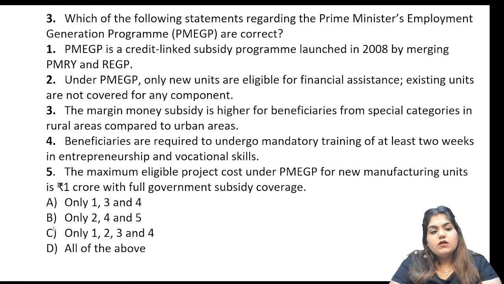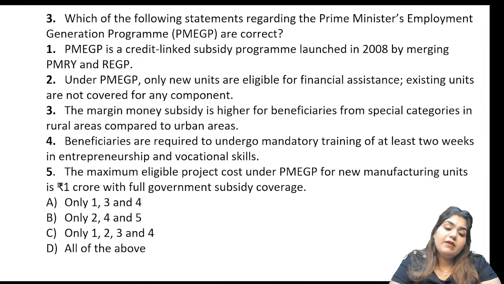Next. Which of the following statements are correct regarding PMEGP? PMEGP was introduced in 2008 as a credit-linked subsidy which merged PMRY and REGP, the Rural Employment Generation Program. Second statement is incorrect. It says only new units are eligible for financial assistance. No. While new units are eligible, existing units are also eligible for upgradation.